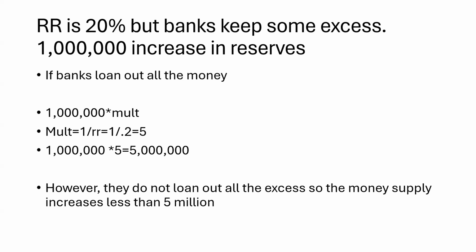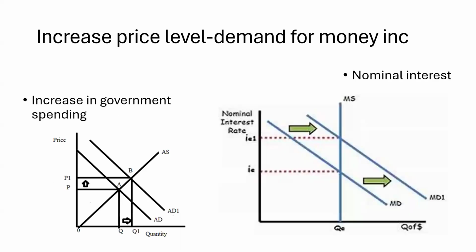Twenty and 21. An increase in government spending. All right, I'm thinking SRAS, AD, or loanable funds. An increase in government spending will affect the demand for money. All right, and nominal interest.